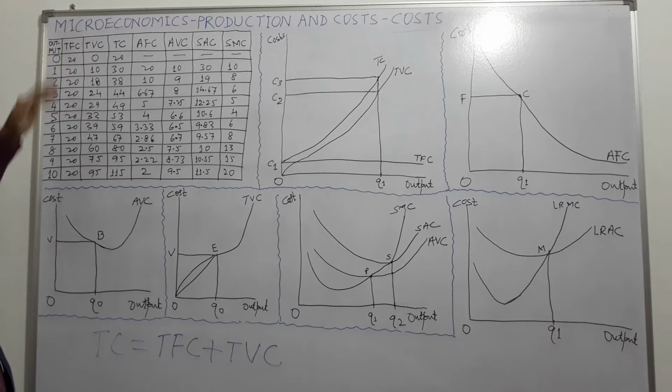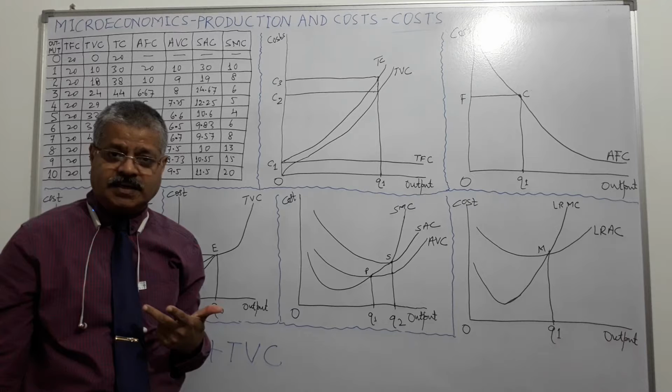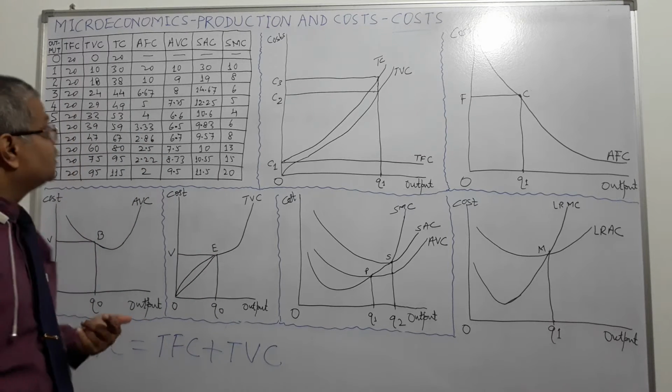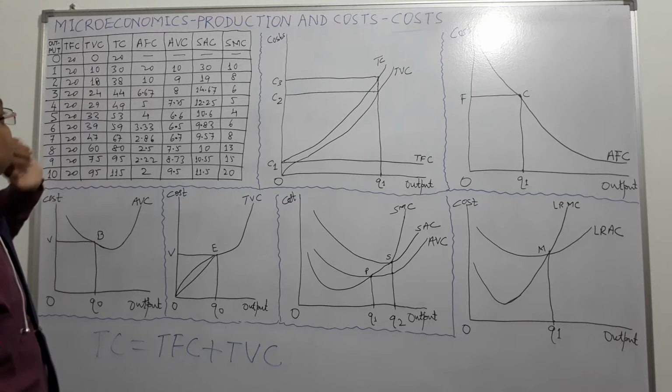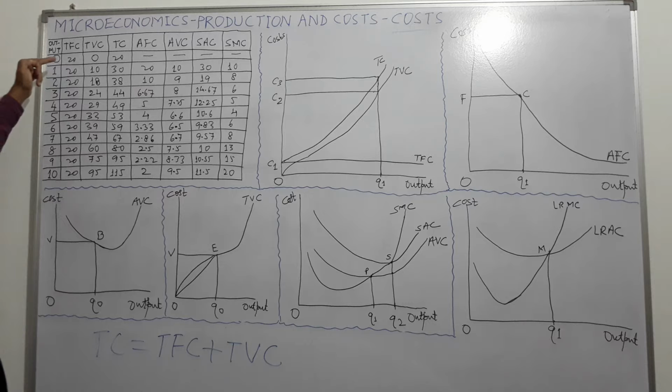When the output is 0, naturally total variable cost has to be 0. If I am not producing any bicycle, I will not be buying any raw material. So total variable cost will be 0 and total cost will be 20, because total fixed cost plus total variable cost is total cost. Same way for all other rows.